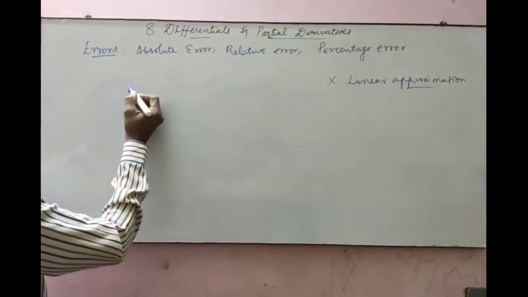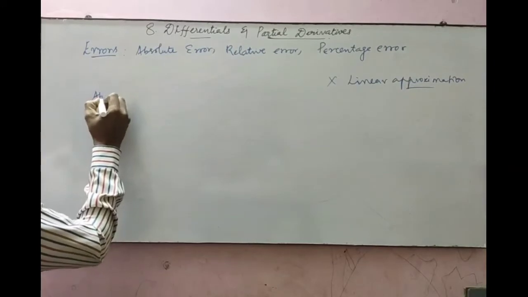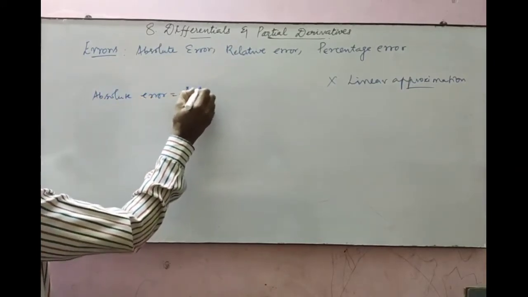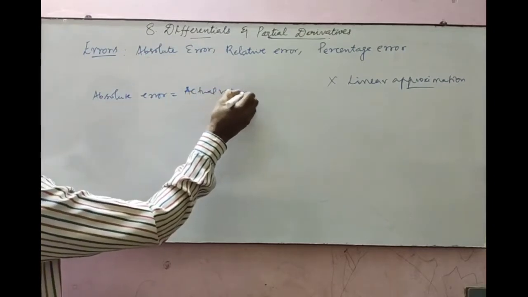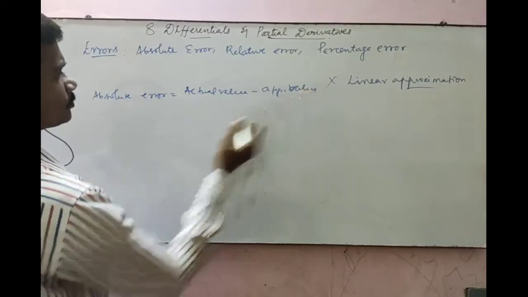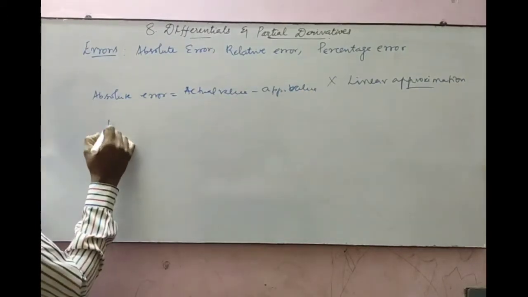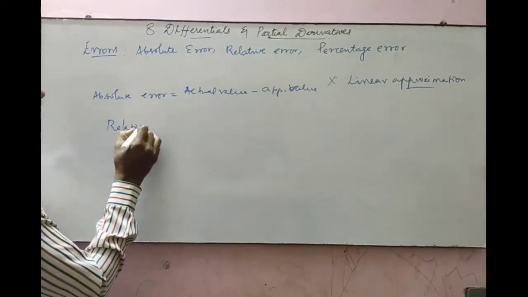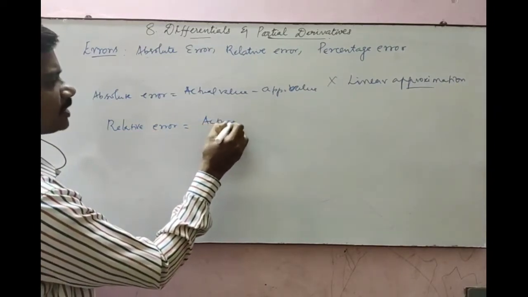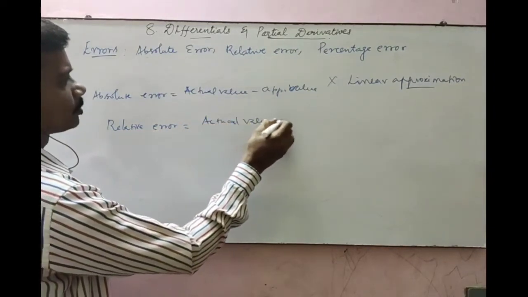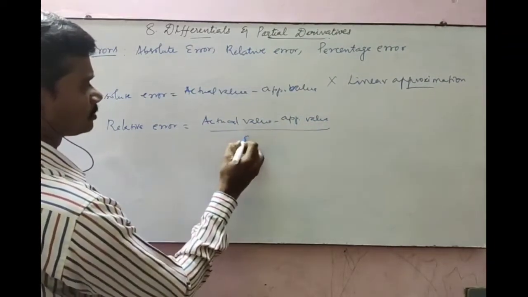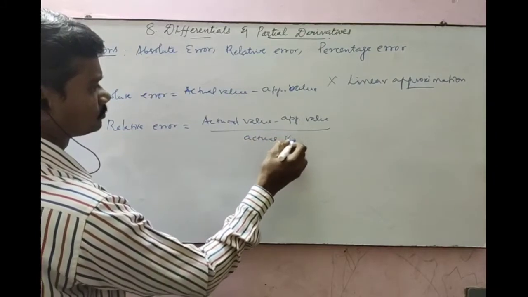So absolute error. What is the formula for absolute error? Actual value minus approximate value. This is the absolute error. Then comes the relative error. The formula for the relative error is actual value minus approximate value by actual value.